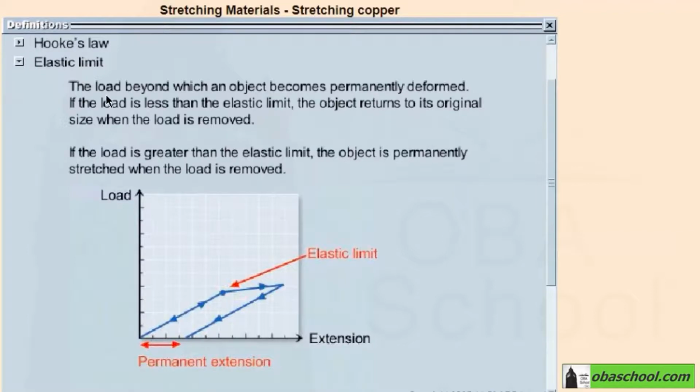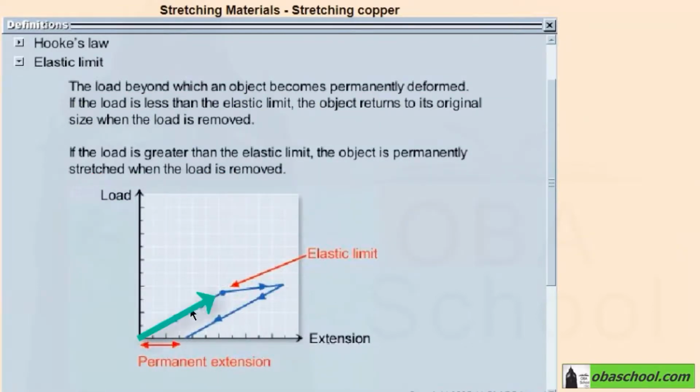So the elastic limit is defined as the load beyond which an object becomes permanently deformed. If the load is less than the elastic limit, the object returns to its original size when the load is removed. So let's explain it on this load extension graph.